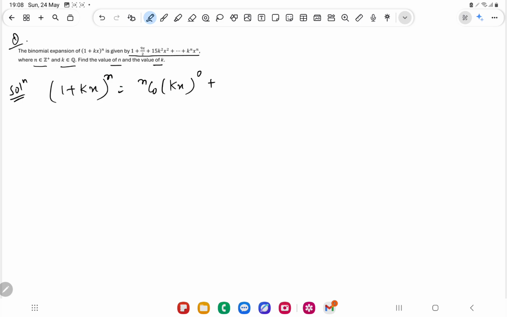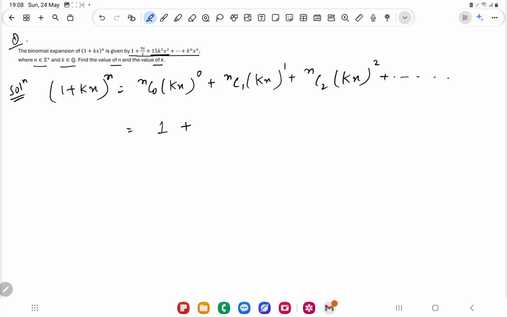In this question I am not writing 1 to the power n minus 1 or anything. nC1 kx to the power 1, nC2 kx square. Now I will not be writing after this because in the question I have values given till x square only. Now if you compare this with the given expansion, first I will simplify this.